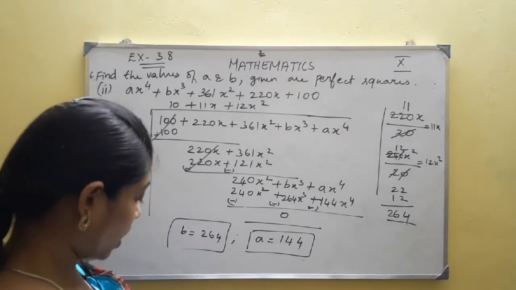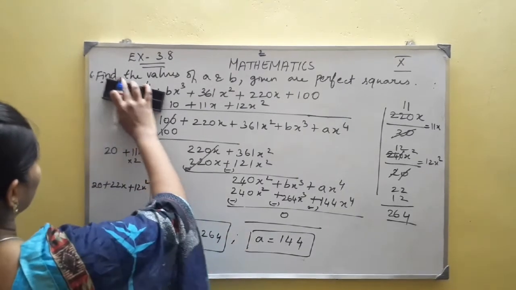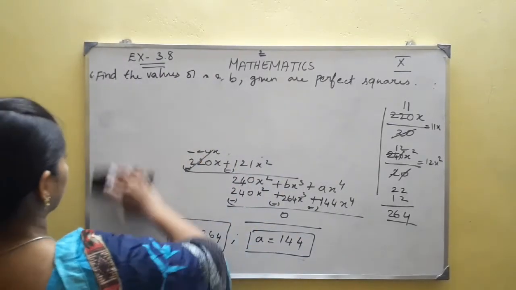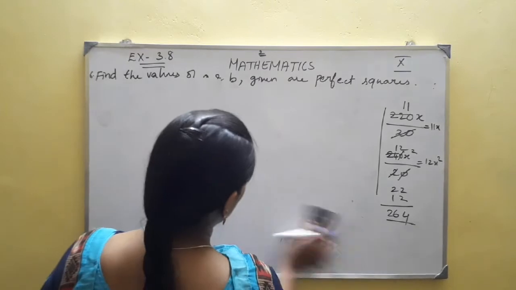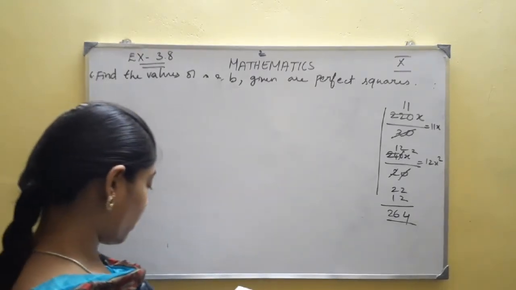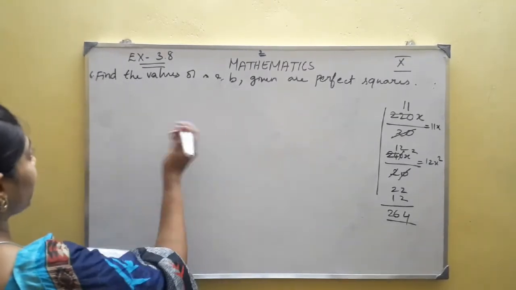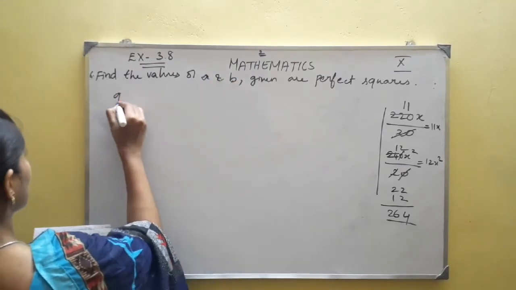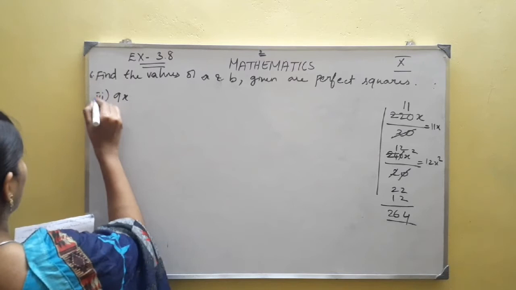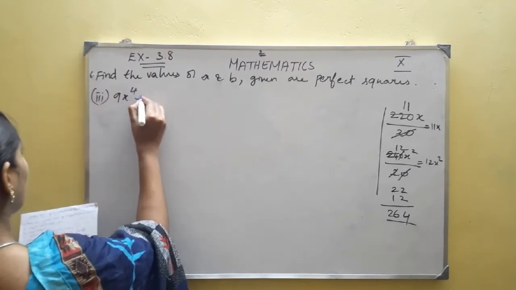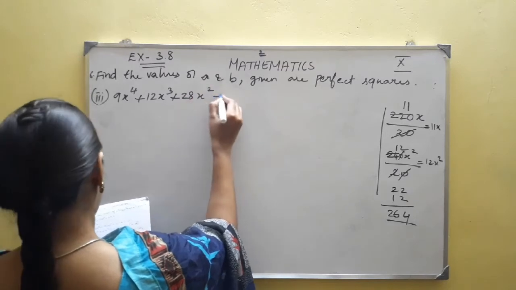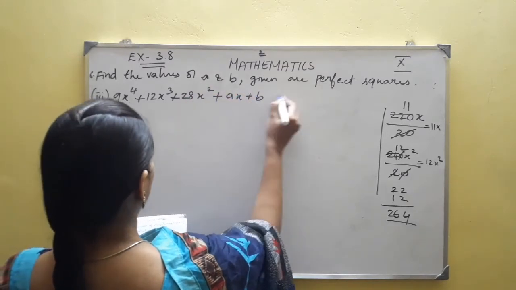Now I give you one problem as homework. The homework problem is, again, to find the values of a and b. The question is 9x power 4 plus 12x cube plus 28x square plus ax plus b.